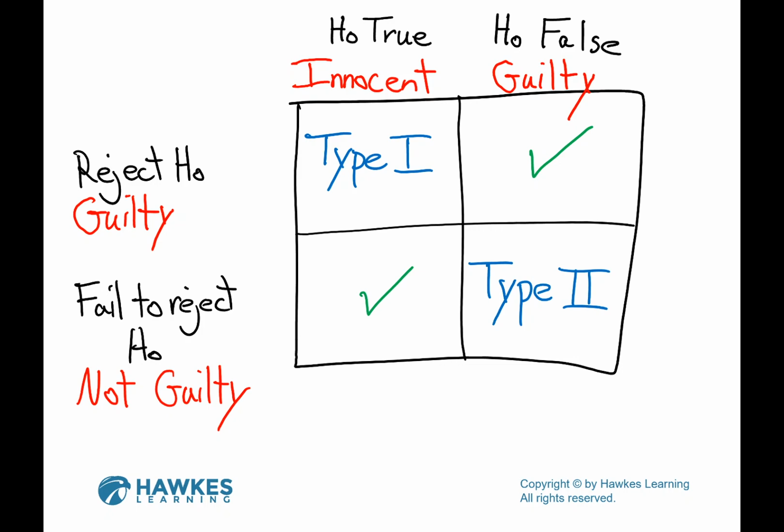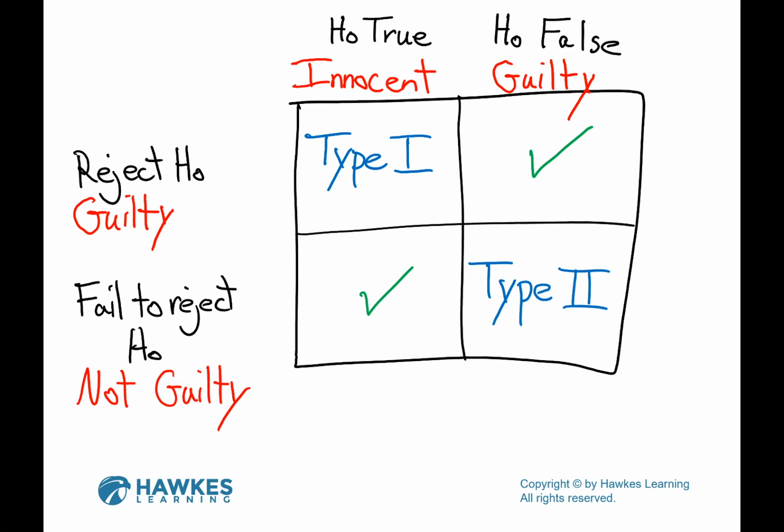Because if we already knew the real value of the null hypothesis, we wouldn't be having to do a hypothesis test. So usually we're trying to figure out what this value is. So when we get finished, we don't have any way of verifying if we made a correct decision, or if it was an error.